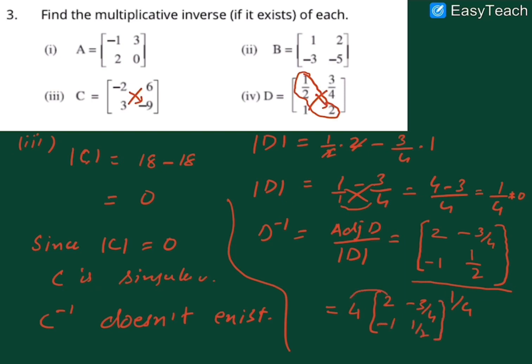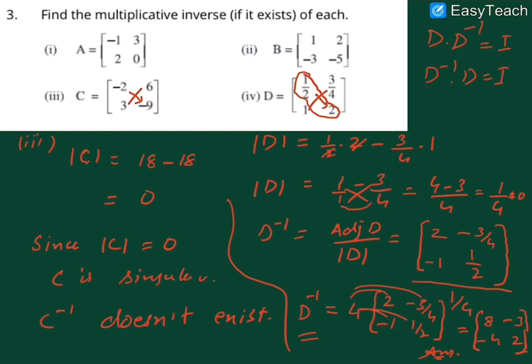We can multiply this with each element. So finally we will get 8 and minus 3, negative 4 and 2. So we got D inverse as 8, minus 3, minus 4 and 2. You can also verify here by checking this property D into D inverse is equal to I, or you can check D inverse into D equals to I. Both will be identity matrix.